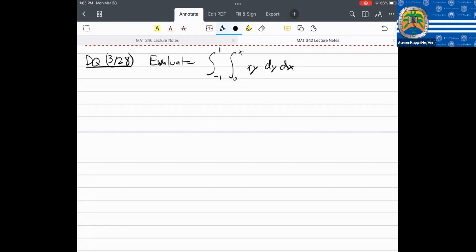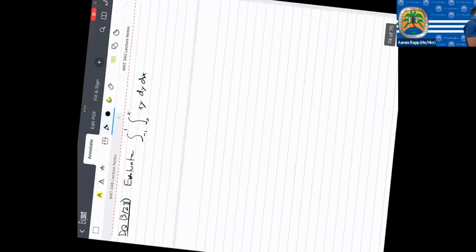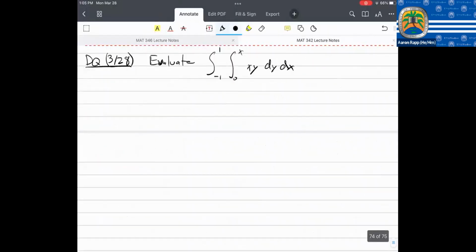So I need to evaluate this and I need to pull up Zoom to continue to share. There we go. Go back full screen. So integrate with respect to what first? With respect to y first, which means this is the integral from -1 to 1 of x times what?